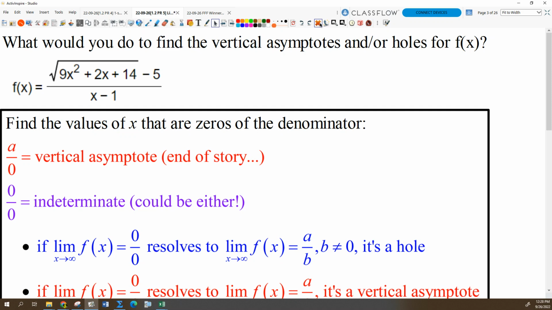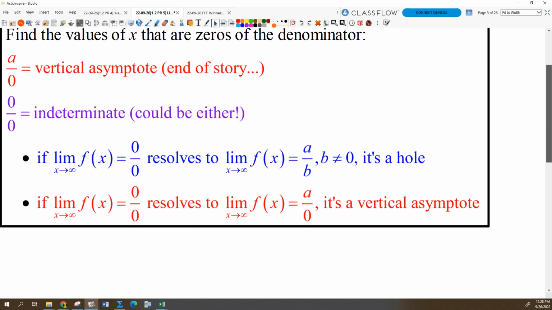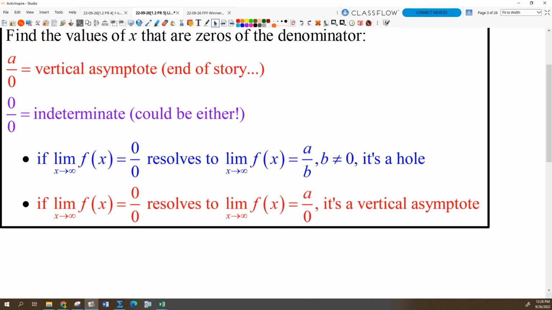If we end up with a number divided by 0, it's a vertical asymptote, end of story. If it's indeterminate, we got to do more work. It could be either. If we resolve the indeterminacy and we get a finite answer, it's a hole. If we resolve the indeterminacy and we get a number divided by 0, it's a vertical asymptote. Okay?